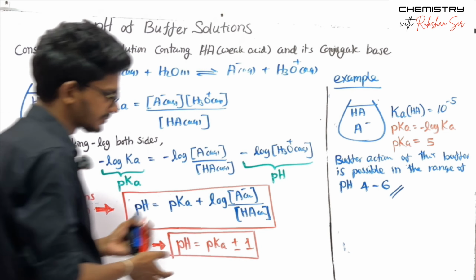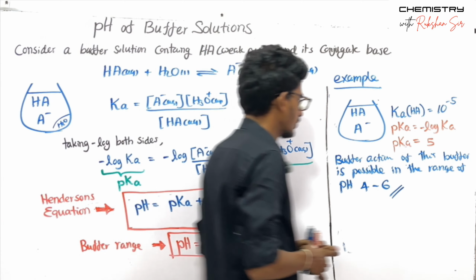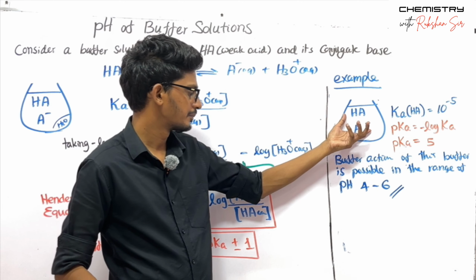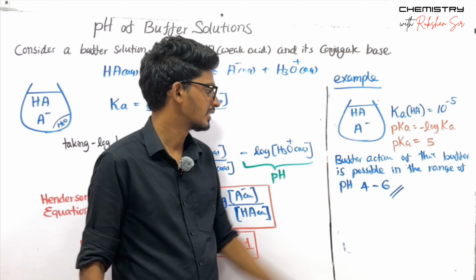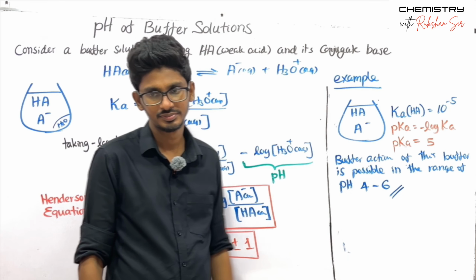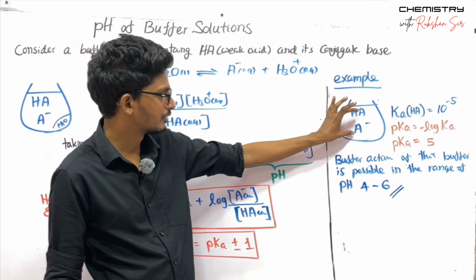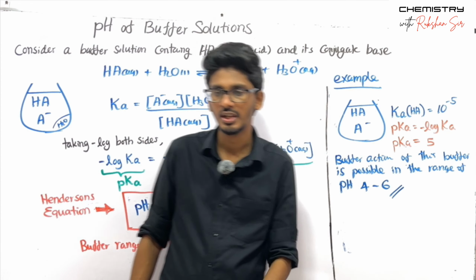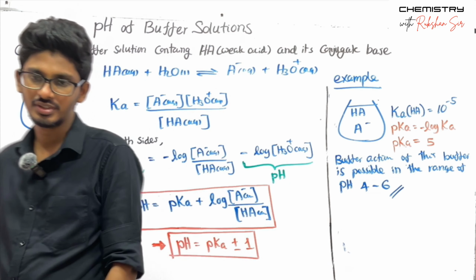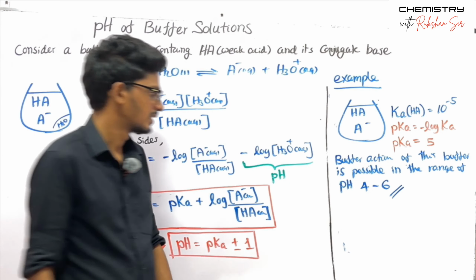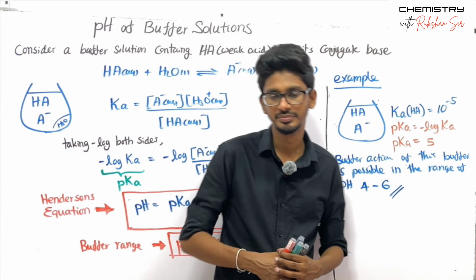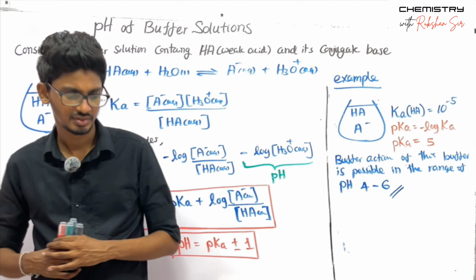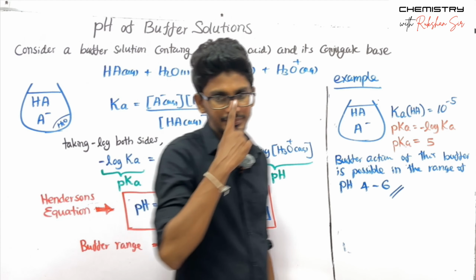So these two chemicals can be used to produce any buffer in the range of 4 to 6. By varying the concentration of these two, you can construct a buffer in the range of pH 4 to 6. That is the idea of the buffer range, which is given by the pKa plus or minus 1.